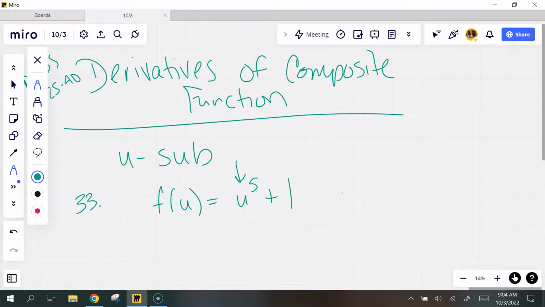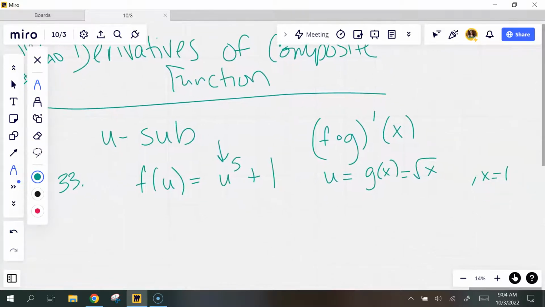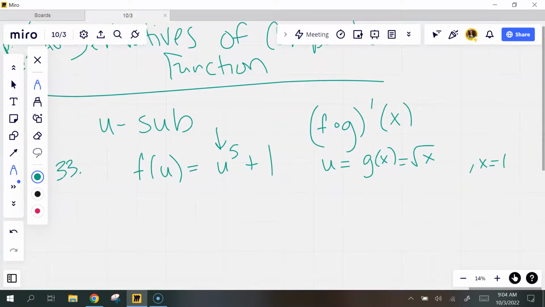And then let u be g of x, which is the square root of x, and then it says that x equals 1 because it asked us to find f prime at 1, or at the value of x, whatever the x is given. And they give you this x. So really all I'm doing is I'm finding this derivative, essentially, right? So I'm finding f prime of g of x.